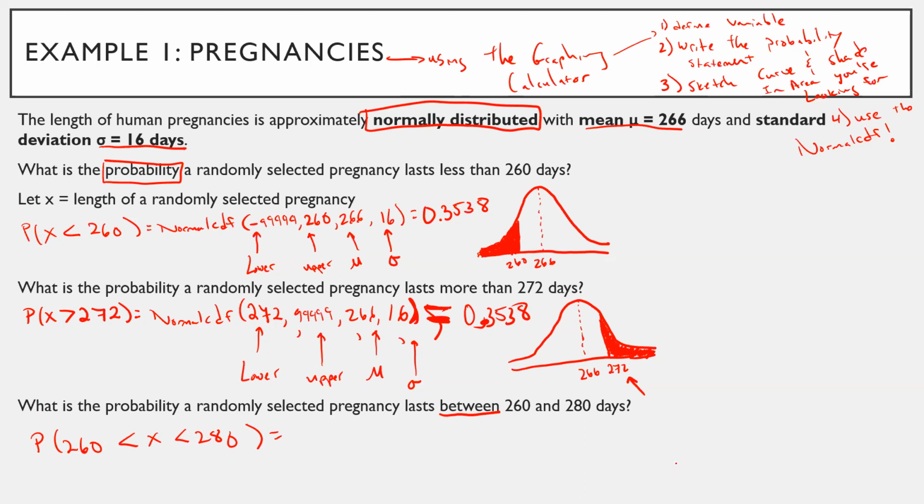Look, I know it seems silly, but I really find that the drawing helps. So 266, I want to be between 260 and 280. So I want to find all this stuff in between.